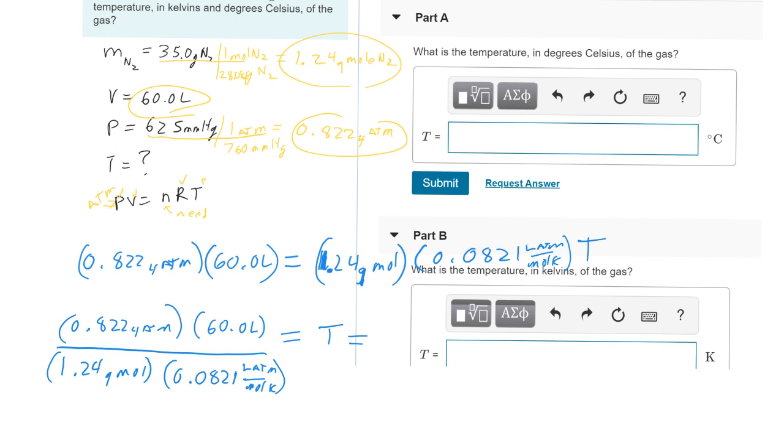Divide, and that gives me a temperature of 481 Kelvin.